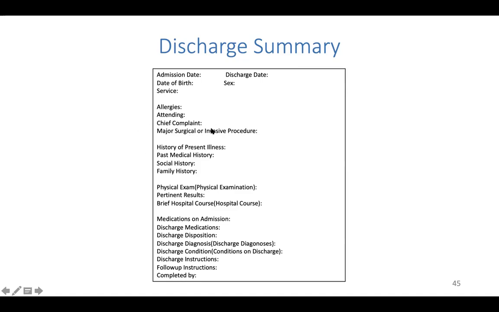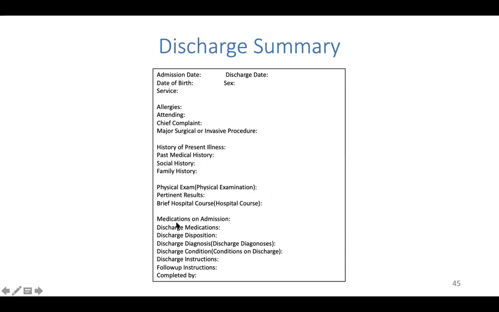So major surgical or invasive procedures: what kind of procedure you've received during the hospital stay, and history of present illness, a lot more patient history related to the patient's medical conditions. And there are some lab results. Physical exam is part of laboratory tests, lab tests. So this is a part of the lab test results.